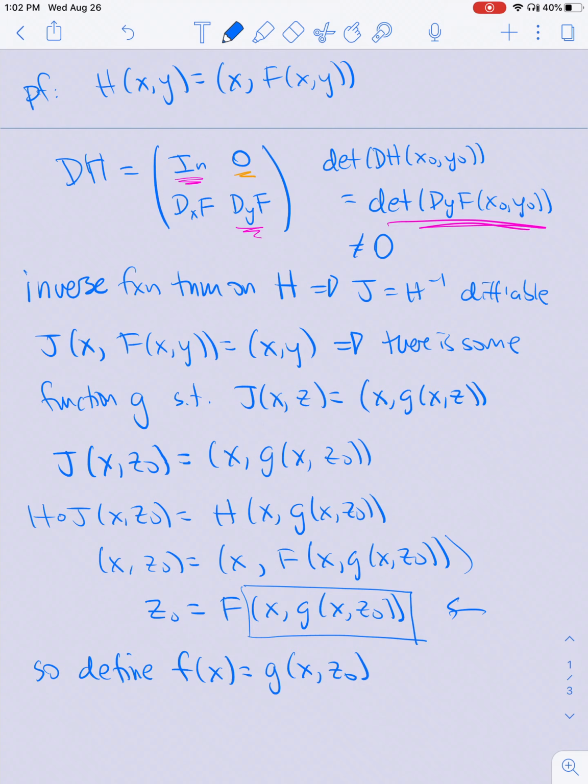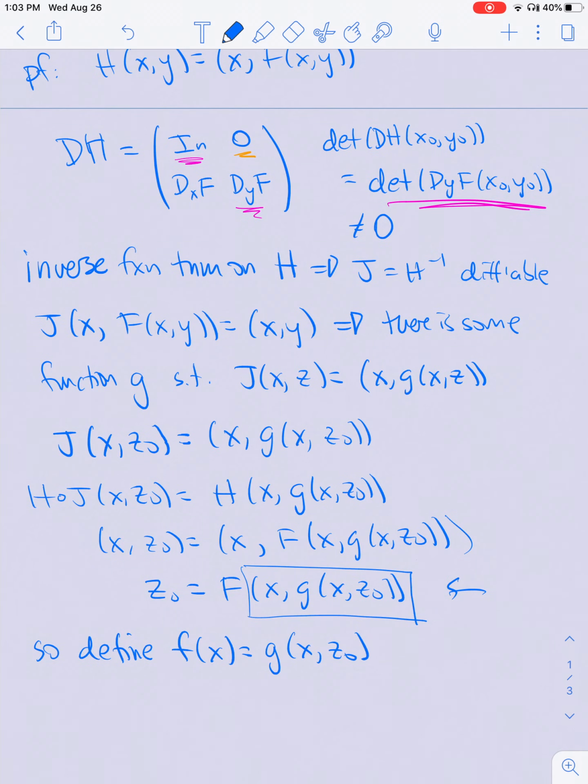So if anything is in the preimage of z naught, it has to be of the form j of x, z naught. So that means it has to be of the form x, f of x. And finally, by the argument I just said, this defines f uniquely.